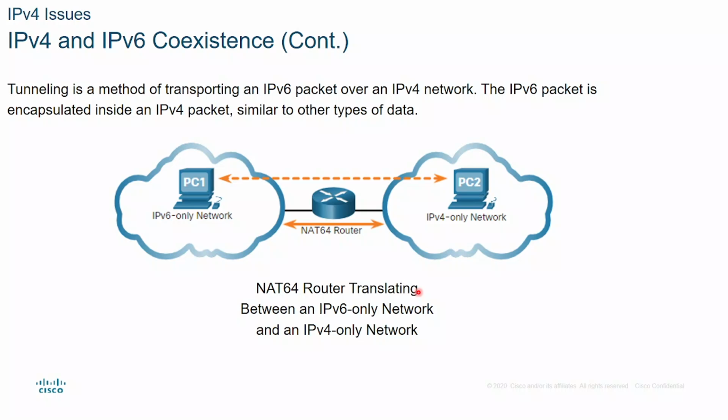You can see that PC1 here connects to the router via an IPv6 address, and this other PC uses an IPv4 address, but communication is still possible.